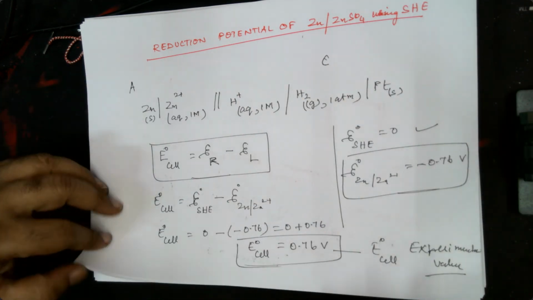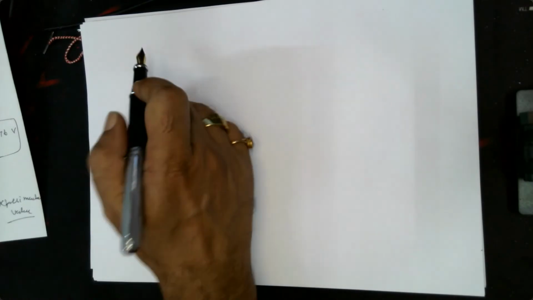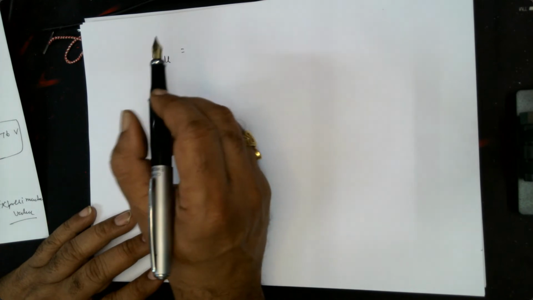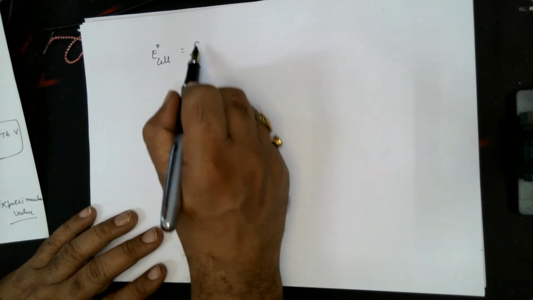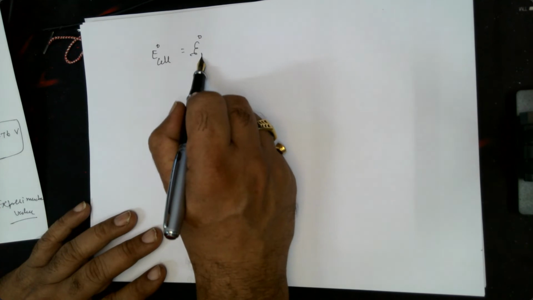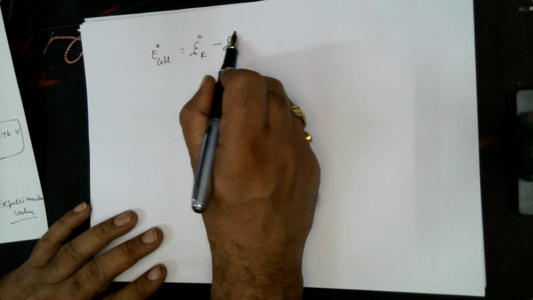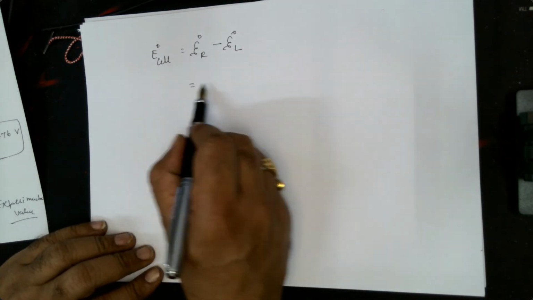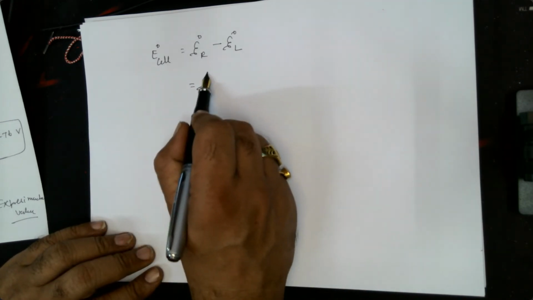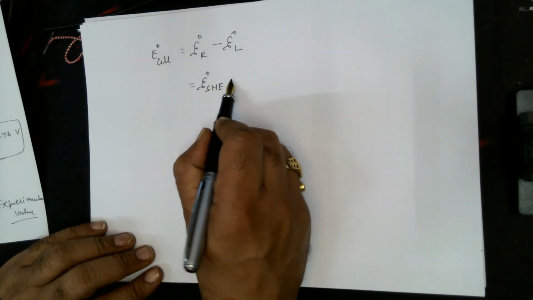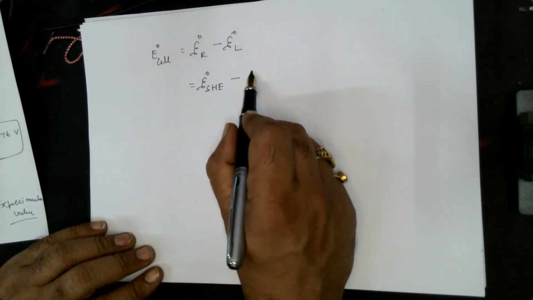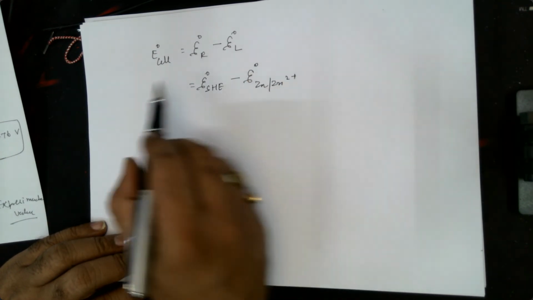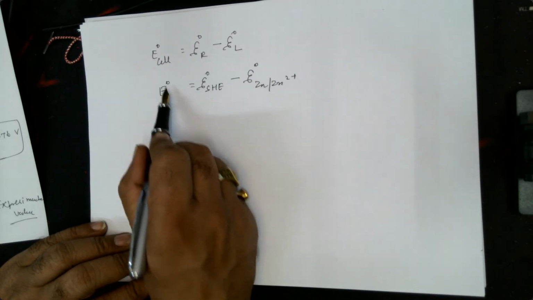Take the reverse. Okay. So the same equation can be applied. E naught cell is equal to E naught right electrode minus E naught left electrode, right? So what is kept in the right side? On the right side we have kept E naught SHE, correct? And what about this? This is the electrode potential of zinc bar Zn 2 plus, and this is the experimental value. Got it?